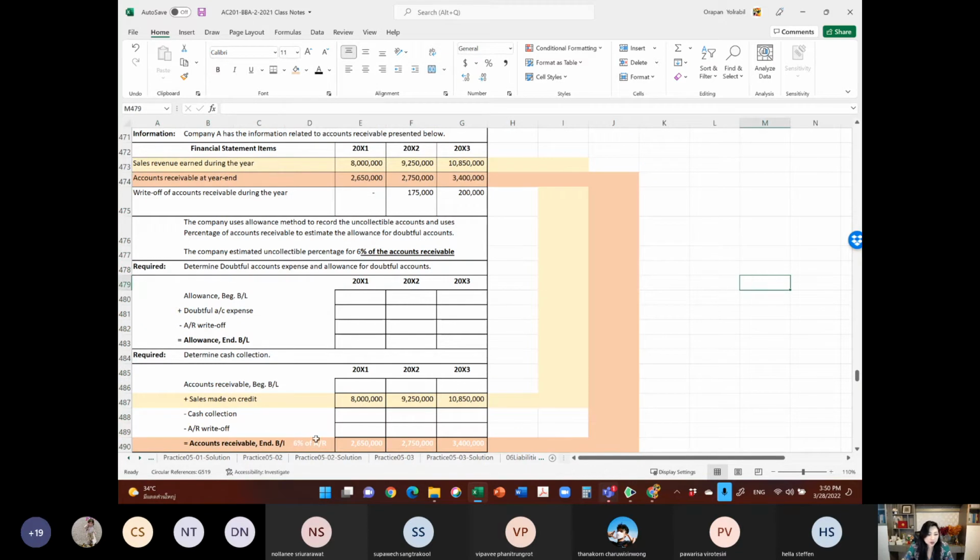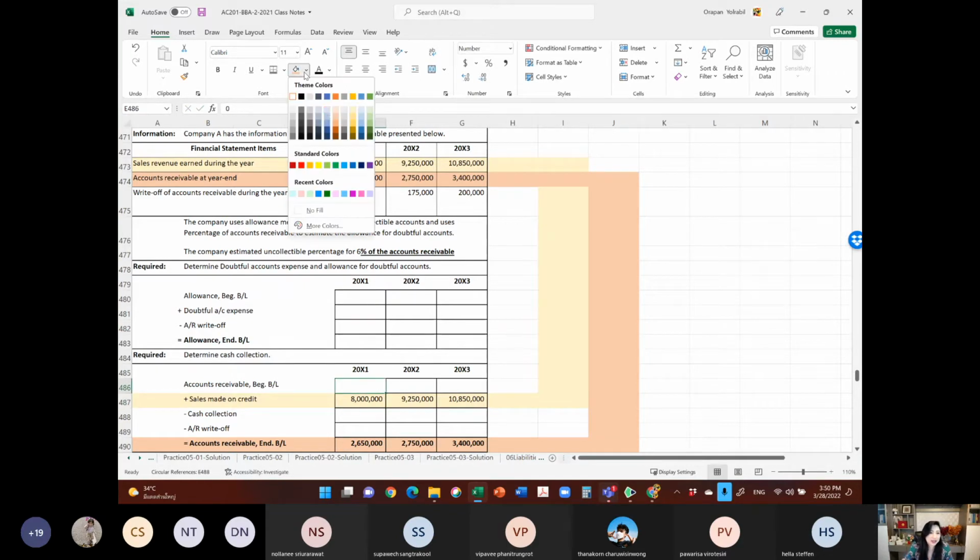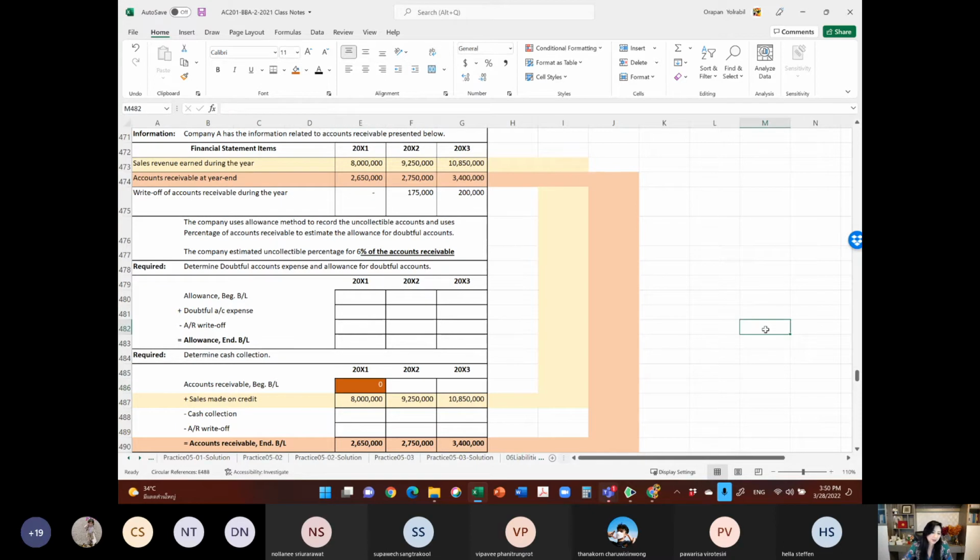Okay. So over here, if you take the accounts receivable at the end of the year to here, you would also know the beginning balance. So for year number 1, the beginning balance would then be 0. And then for year 2, the beginning balance would be carried forward from the prior year, which is 2,650,000.